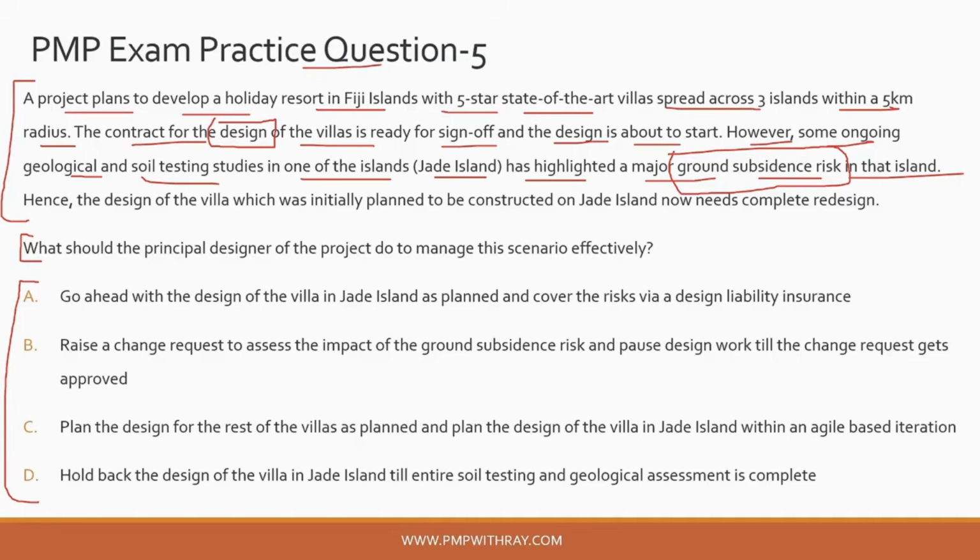And that might cause some minor damages, which is like cracks or dents in the building, or in a more extreme scenario, it can cause an entire building to collapse, okay? Hence, the design of the villa, which was initially planned to be constructed on Jade Island, now needs complete redesign.